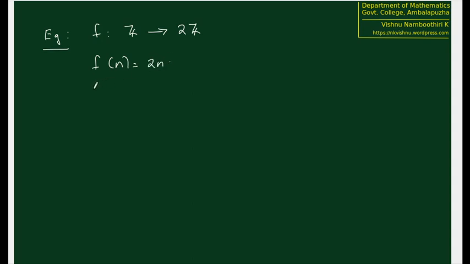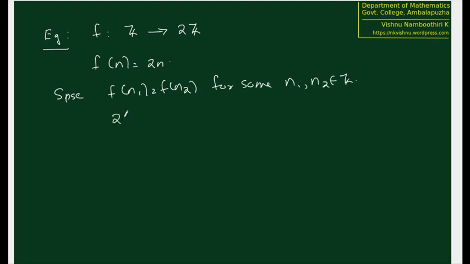So this is one-one because suppose f of n1 equal to f of n2 for some n1, n2 in Z. Then we have 2n1 equal to 2n2, or 2 times n1 minus n2 equal to 0.